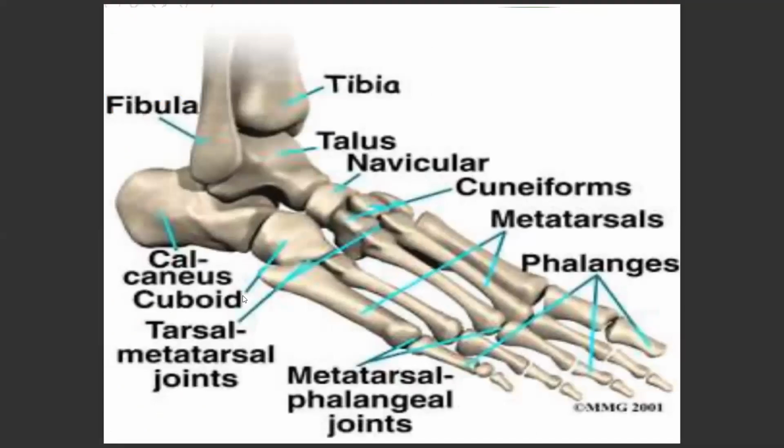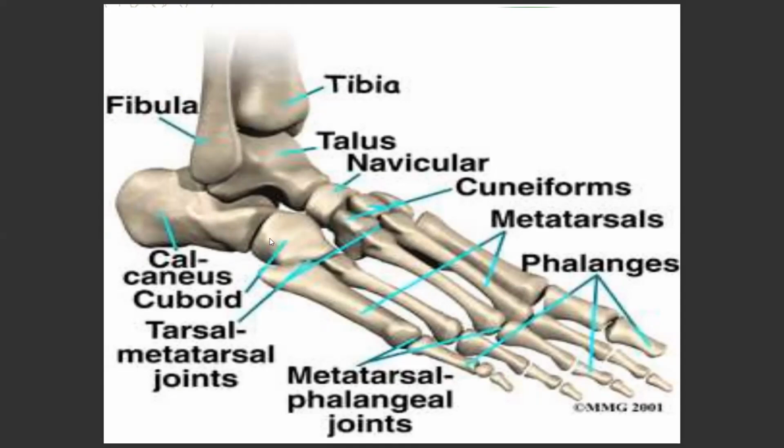This is another diagram showing these 3 functional segments from the lateral side. This is the calcaneus and talus. So this posterior segment is known as the hindfoot: talus and calcaneus. The navicular bone is attached to the talus, and the cuboid is attached to the calcaneus.